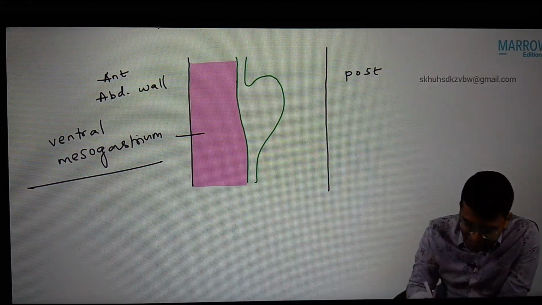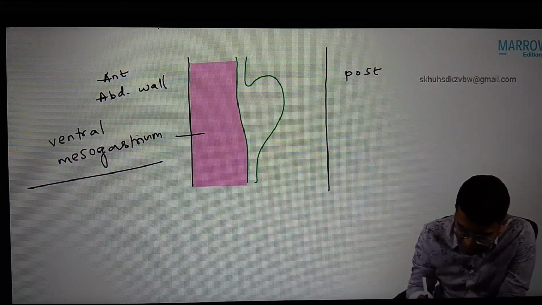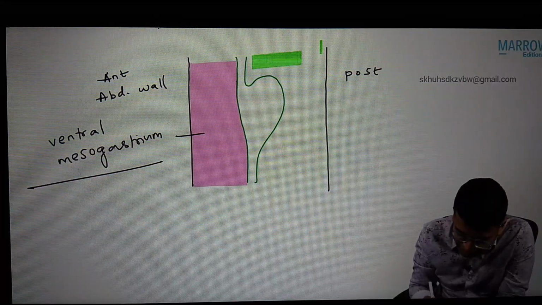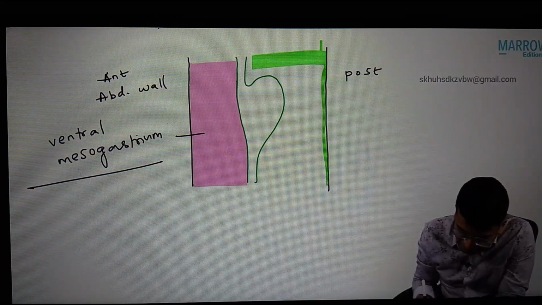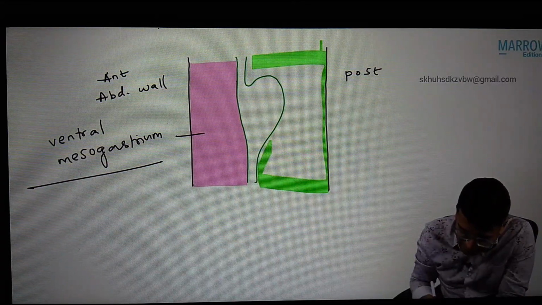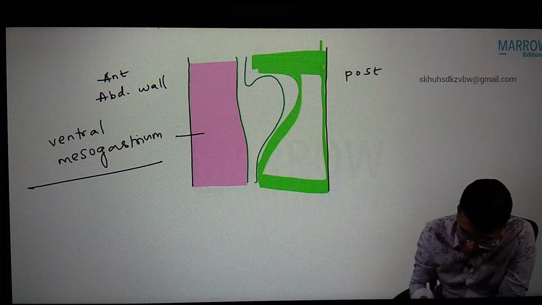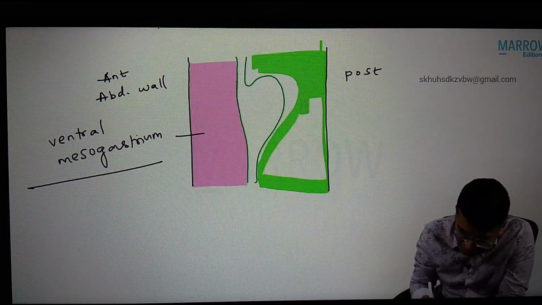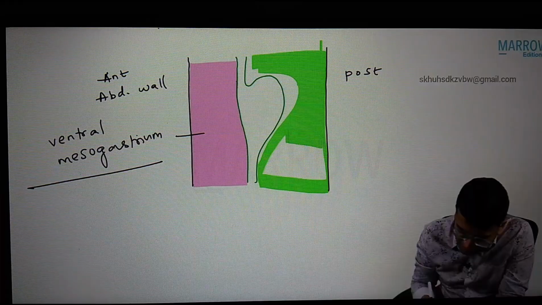Now similarly on the back side we have posterior abdominal wall. Now stomach is connected to posterior abdominal wall by dorsal mesogastrium.